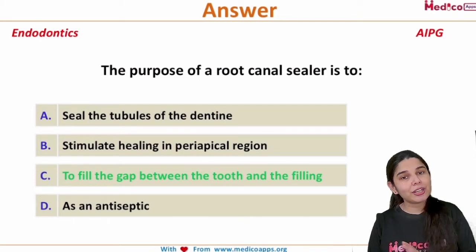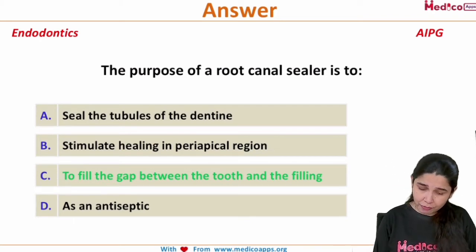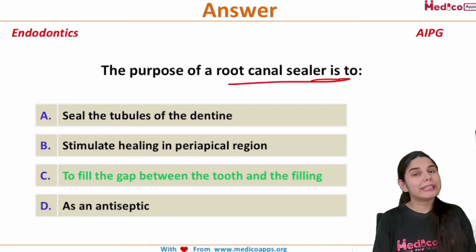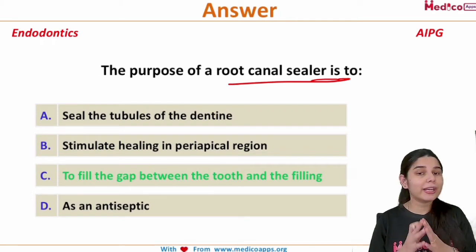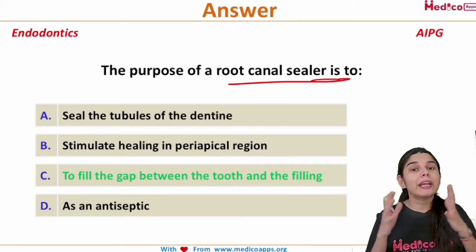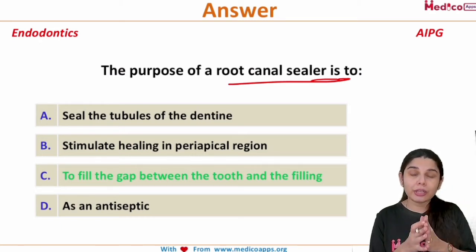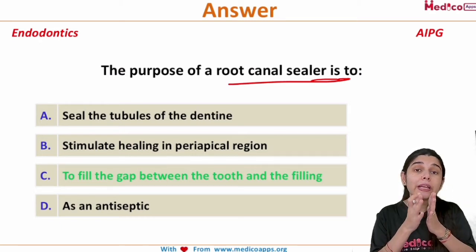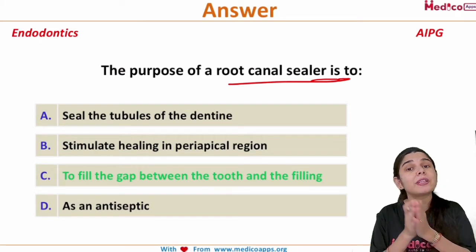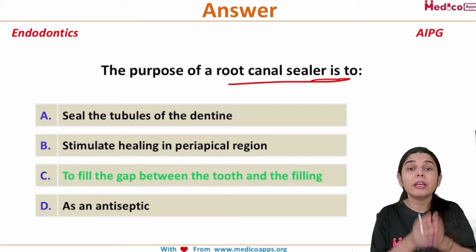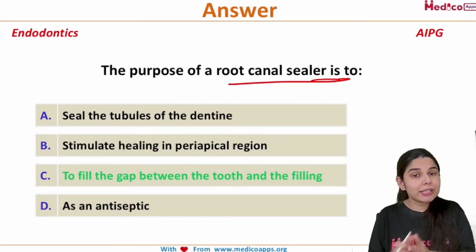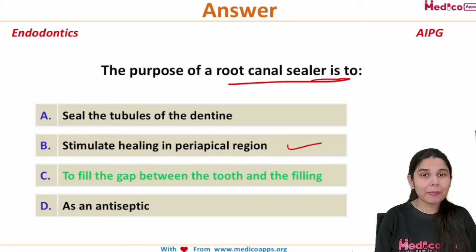The question here was, the purpose of root canal sealer is to seal the tubules of the dentin. No, it did not seal the tubules. It acted as a lubricating material, and also it is helpful in filling the discrepancy between the dentin wall and the material. The second is to stimulate the healing in the periapical region.